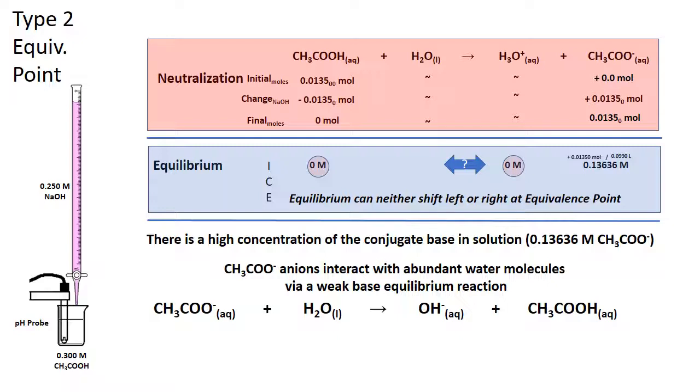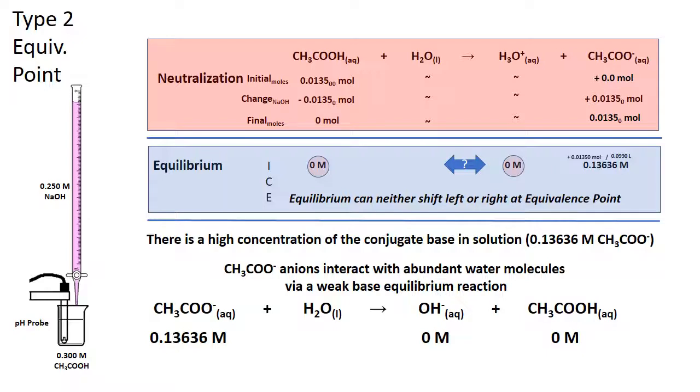Now, let's look at how concentrations work out here. We don't have any calculations that we need to do at this point because we have all of the concentrations that we need to solve this new equilibrium problem involving the weak base equilibrium of acetate. Its initial concentration is 0.136, calculated above. We're not going to worry about the water, but we will assume that the hydroxide ion concentration is 0 molar and that the initial amount of acetic acid is also 0.